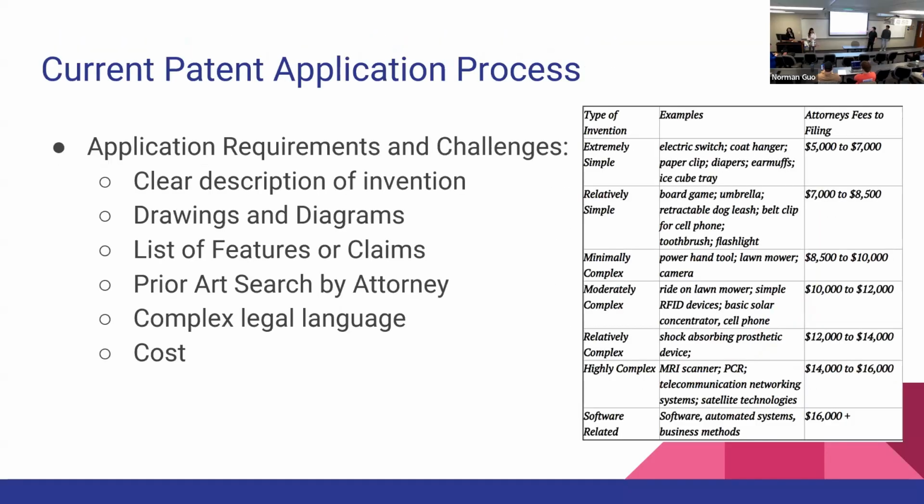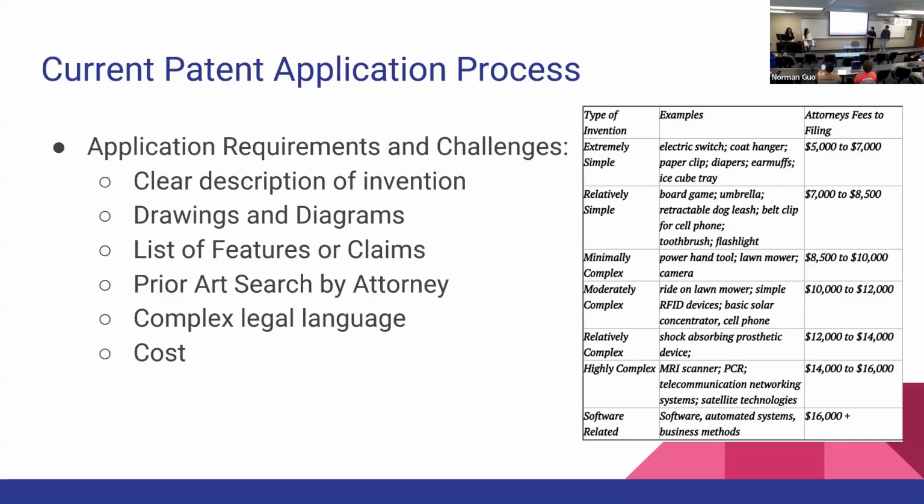Okay, this is the application requirement and the challenge. Your patent document needs to have a clear description of the invention and visual material like drawings, graphs, and tables, and a list of the unique features as claims. When you submit the application, you need to check online that your patent is unique.